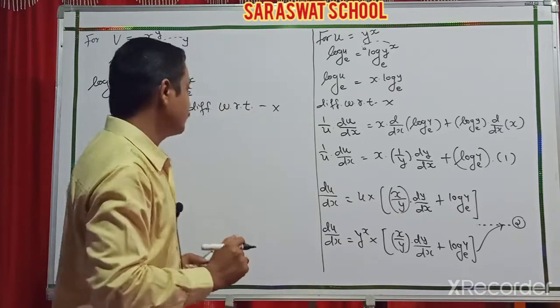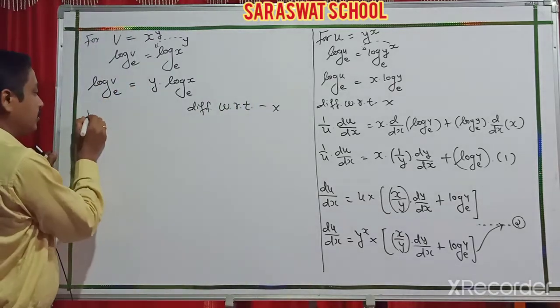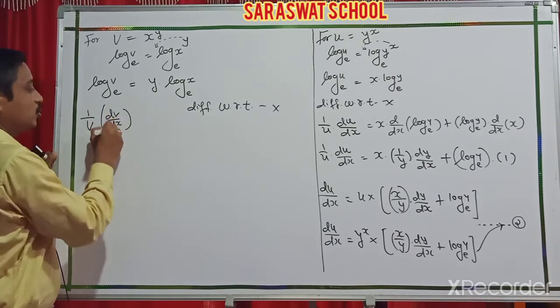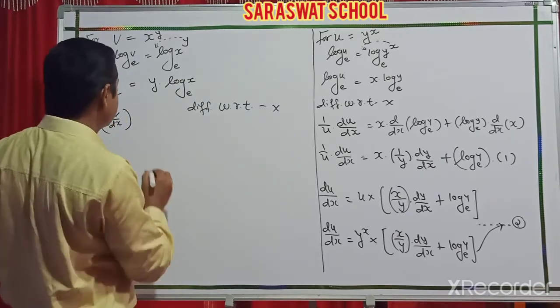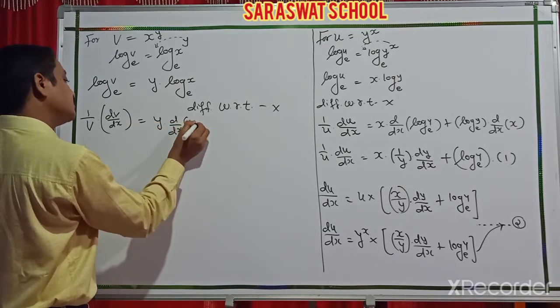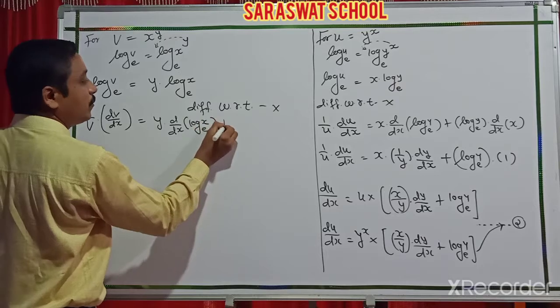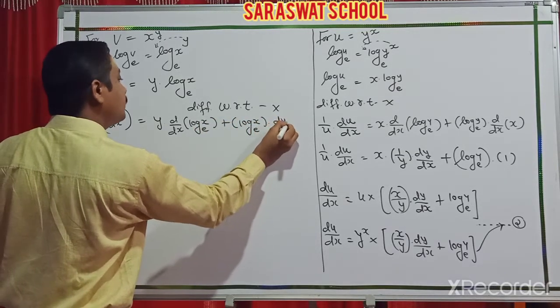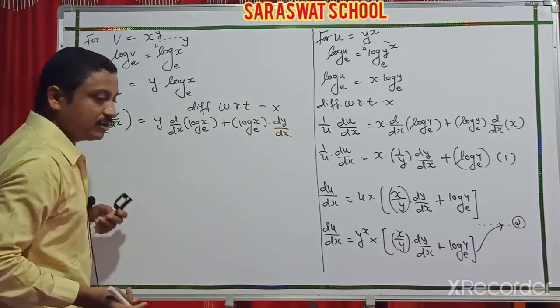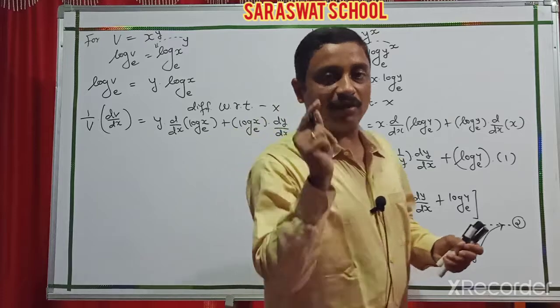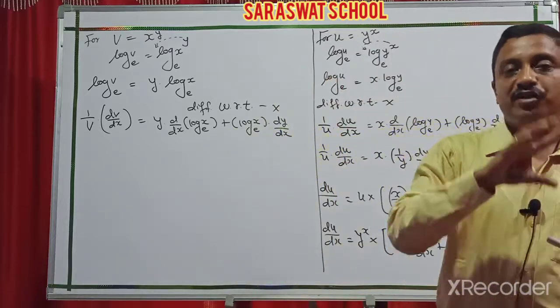It means the derivative of log v is 1 by v dv by dx, and here students operate the product rule: first into derivative of second, plus second into derivative of first. This derivative is also taken with respect to x because at the end I want the full value of dy by dx.